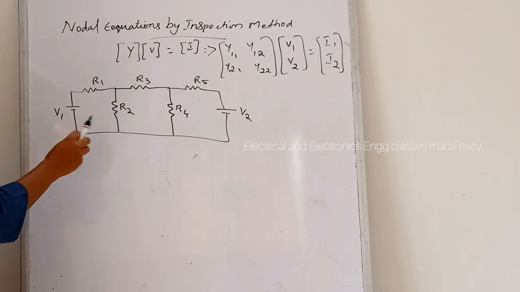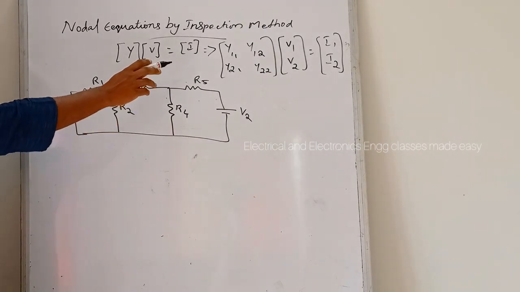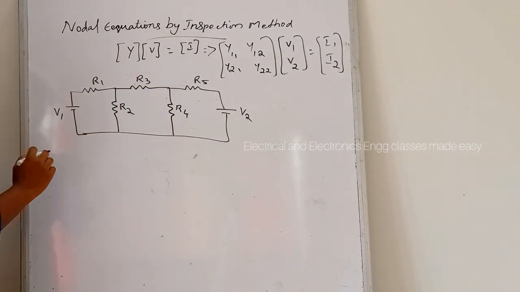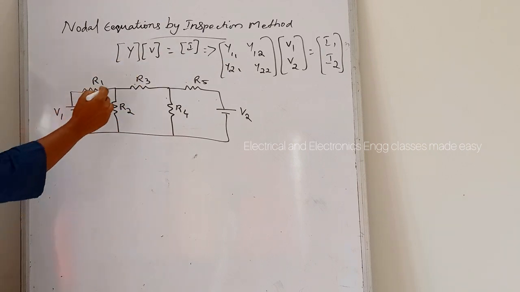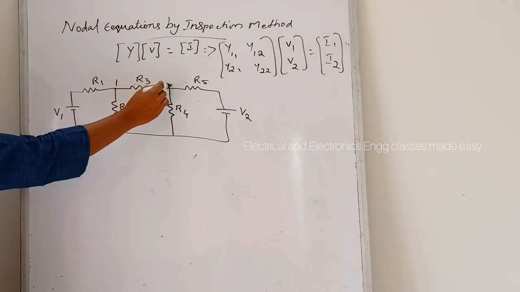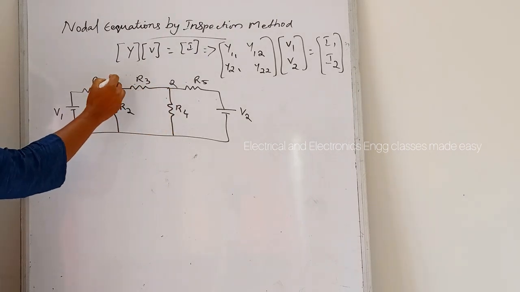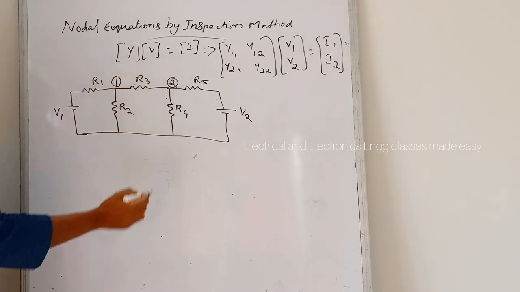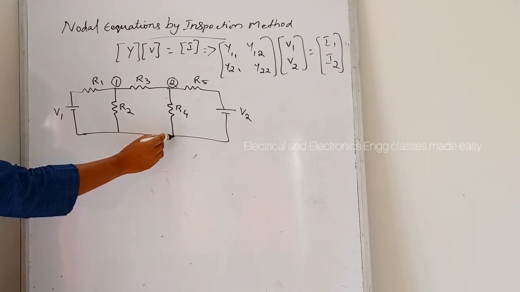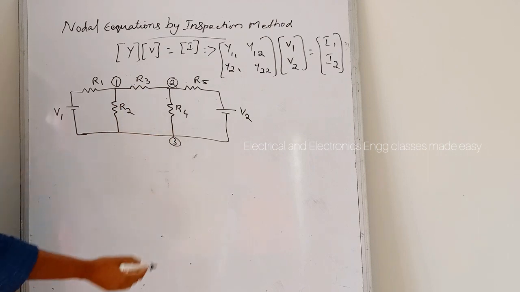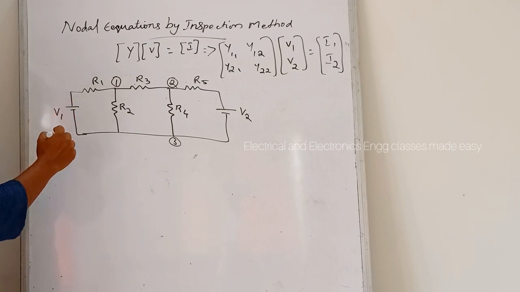For example, consider this circuit. Here we can write the matrix form. First of all, mark the nodes 1 and 2. These two are the principal nodes and this is the reference node 3.